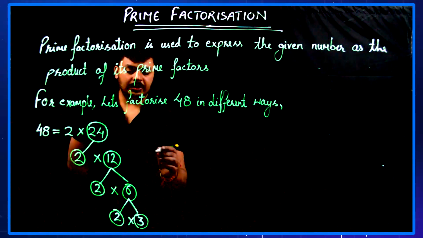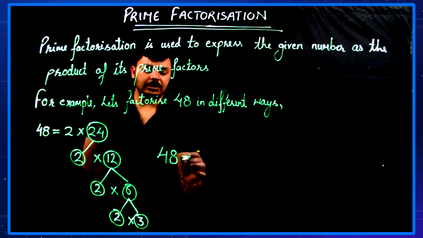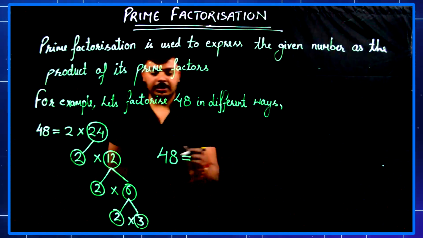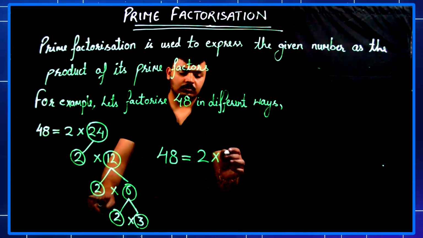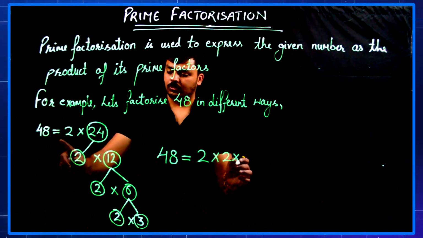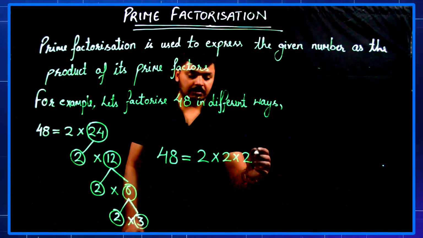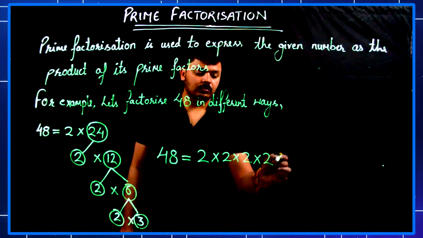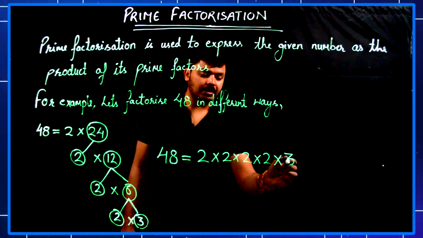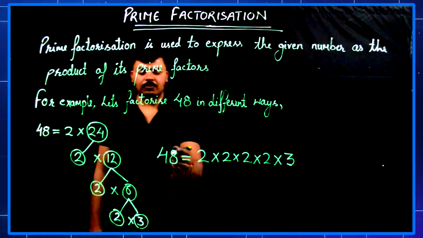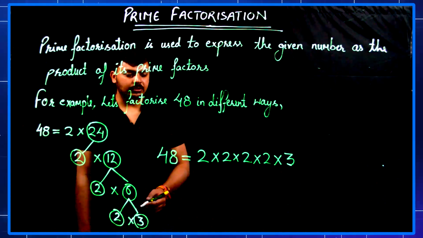So the prime factorization of 48 is 2 multiplied by 2 multiplied by 2 multiplied by 2 into 3, as these are prime numbers or prime factors of 48. So we can express 48 as the product of its prime factors.